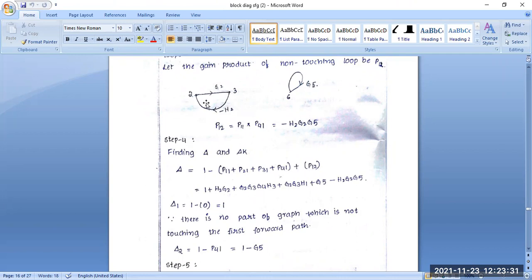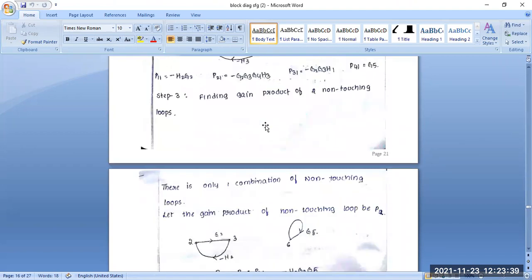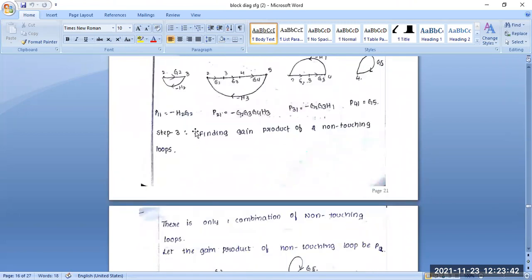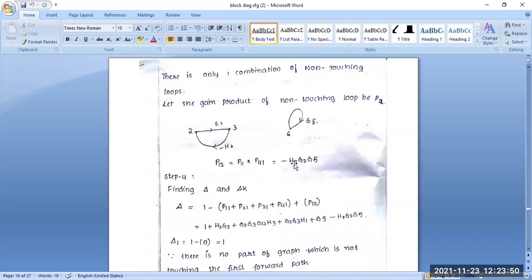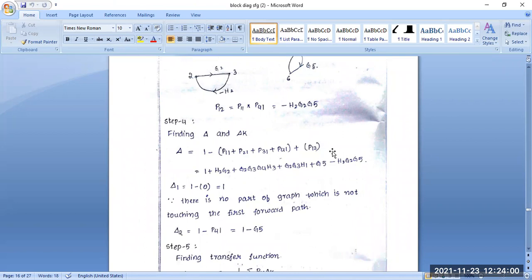Then the 2 non-touching loops, this one and this one. The value is P12, which comes from P11 and P41, that is minus H2 G2 into G5, so minus H2 G2 G5. This is the 2 non-touching loops term, plus P12. Is it clear? Up to this part, is it clear, all of you?